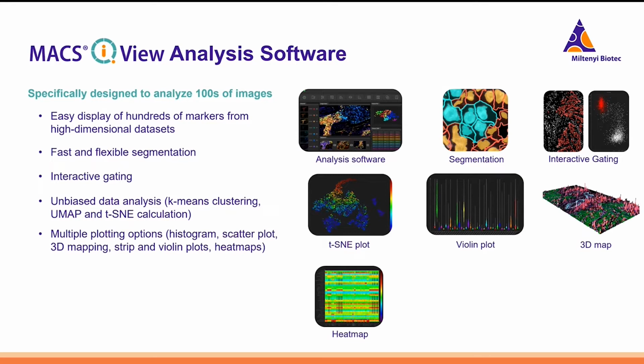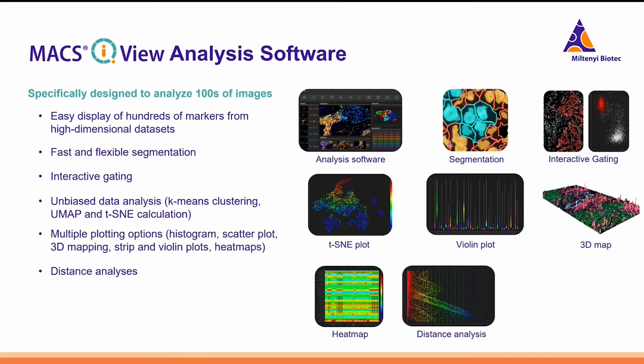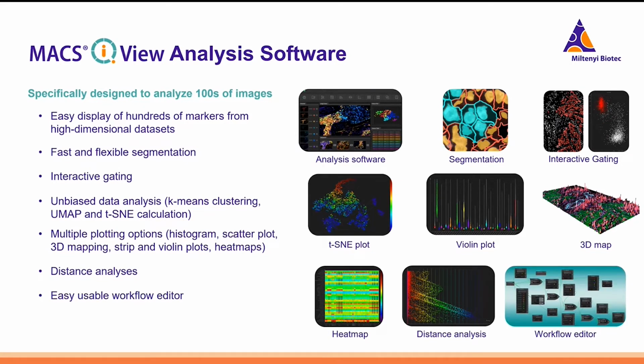We offer multiple ways to plot your data and do distance analysis also, because that's one of the biggest points of doing spatial analysis, and a very comprehensible and easy to use workflow editor that allows you to put there every step of your analysis and also recall it again. So this is a very complete package. It's not just for you to check your images, but you can really extract very important information from it.